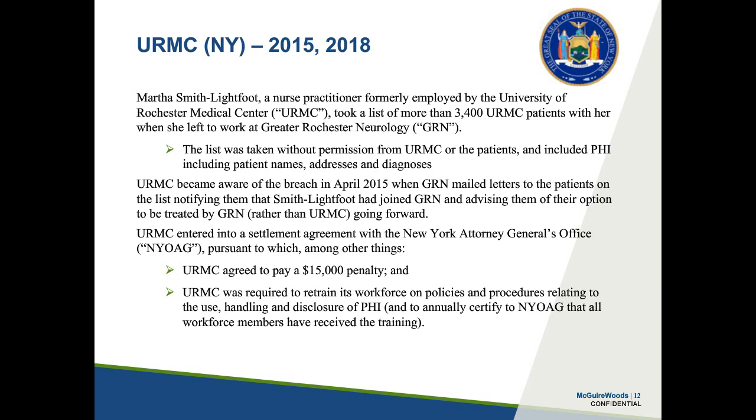Even before she started her new job, she communicated that information to her new employer, and her new employer mailed letters out to the patients on that list, which included PHI: patient names, addresses, diagnoses, and things like that.